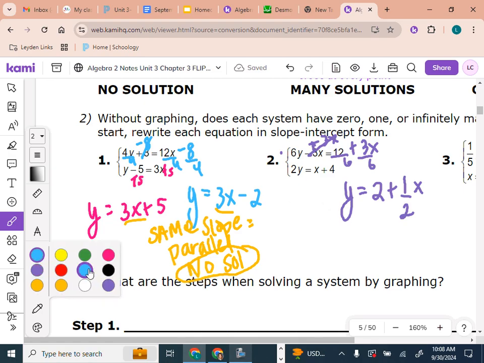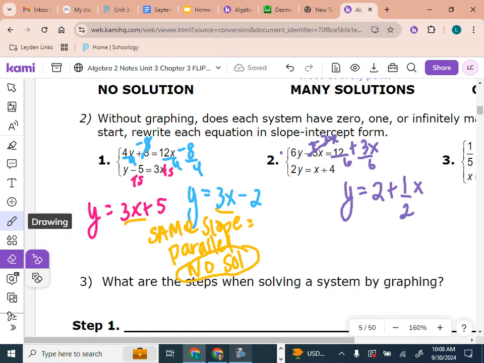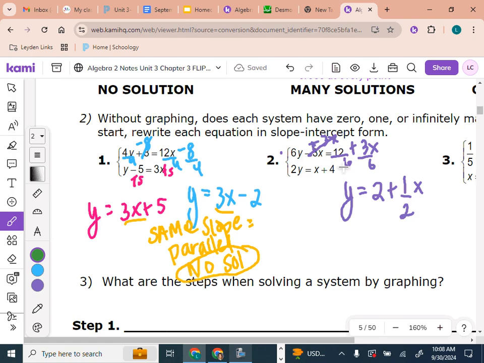Alex E., what do I do for the second equation to get it into slope-intercept form here? What? I can't hear you. No. Try again. What? I can't hear you. No. We're going to get into y equals mx plus b.